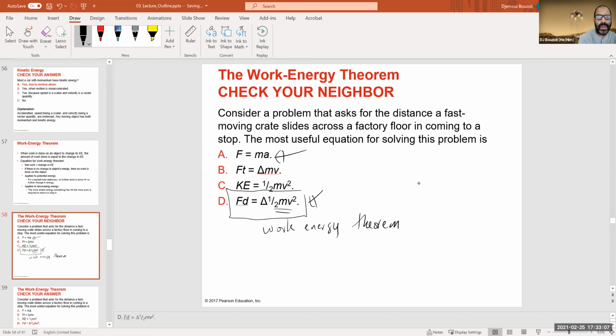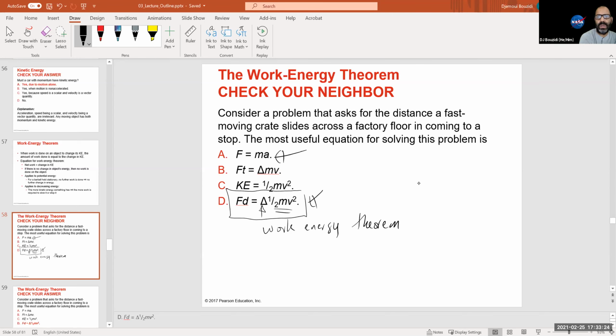The change in kinetic energy is equal to force times displacement, which is the work.